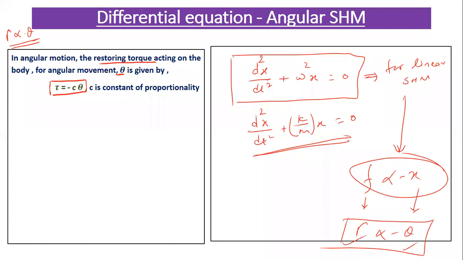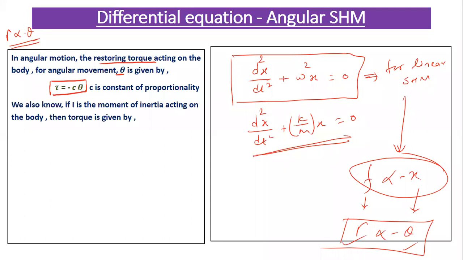Now, we also know that if I is the moment of inertia acting on the body, then torque is given by the relation we already derived: torque is equal to I alpha, where alpha is the angular acceleration.